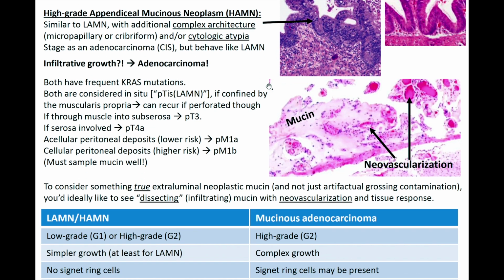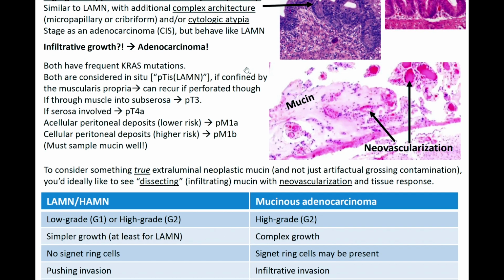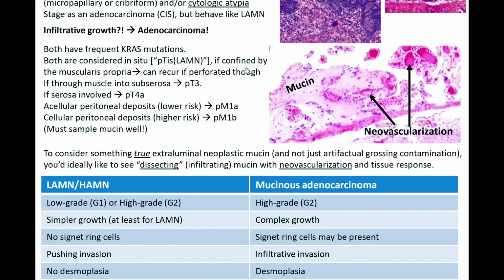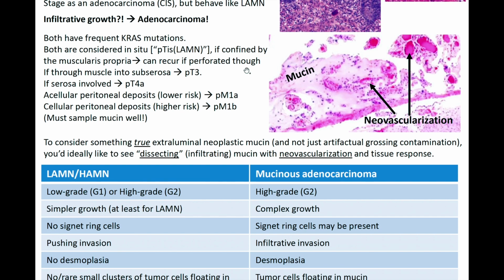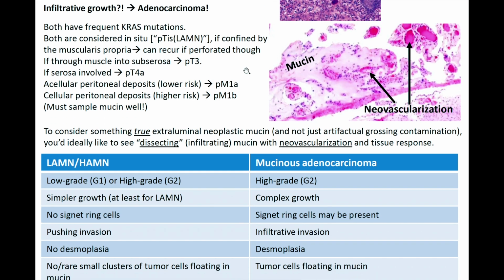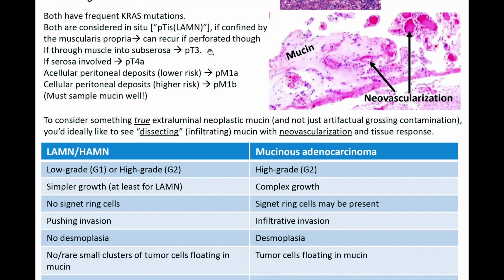If there's infiltrative growth, then that's going to make it an adenocarcinoma. So both the LAMN and HAMN have frequent KRAS mutations, and both are considered in situ. So pTis, LAMN, is how it would be signed out, or for staging purposes.